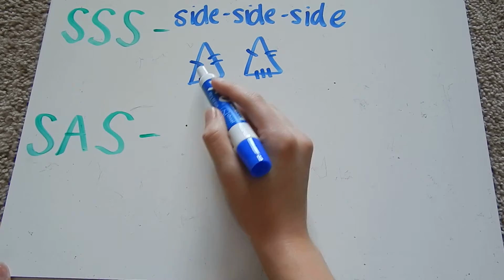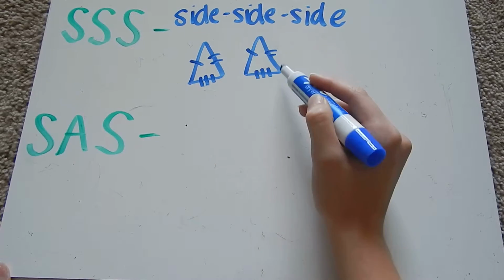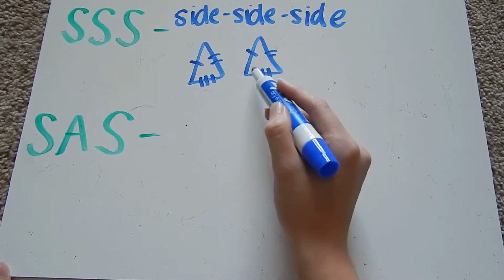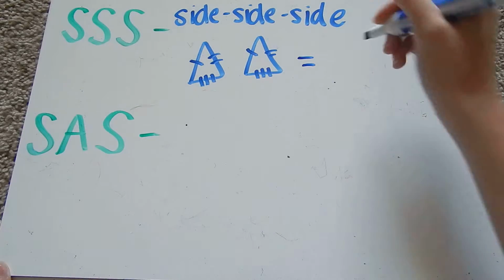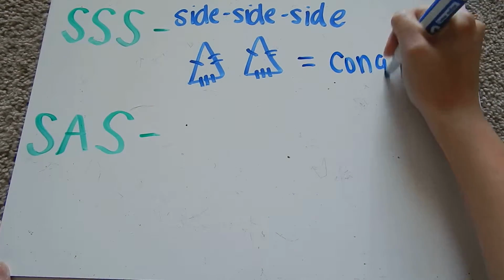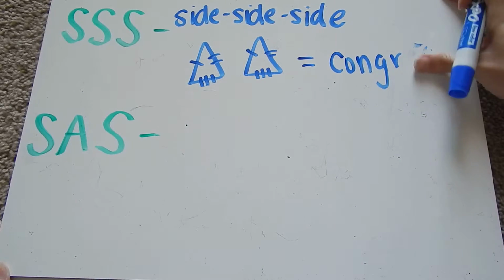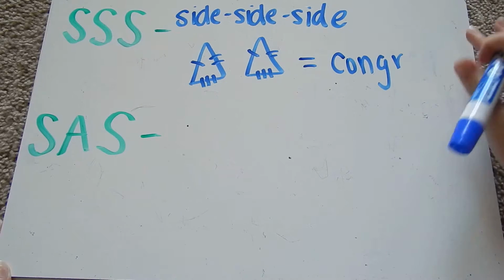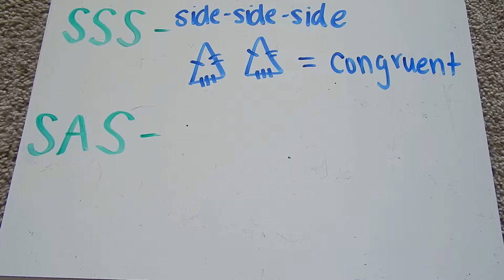So you have one side congruent to one of the other, the second side congruent to one of the other, the third side congruent to one of the other, then this proves congruency. So that's one way to prove congruency.